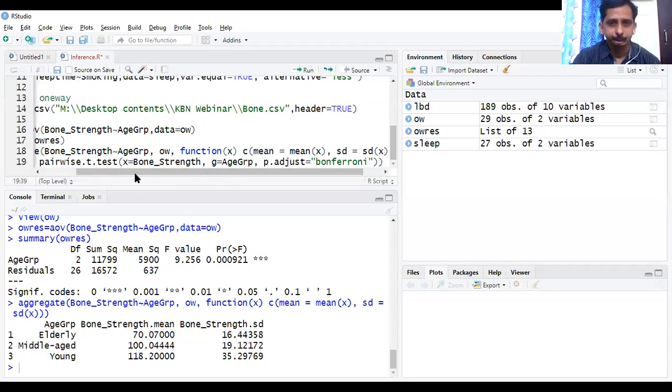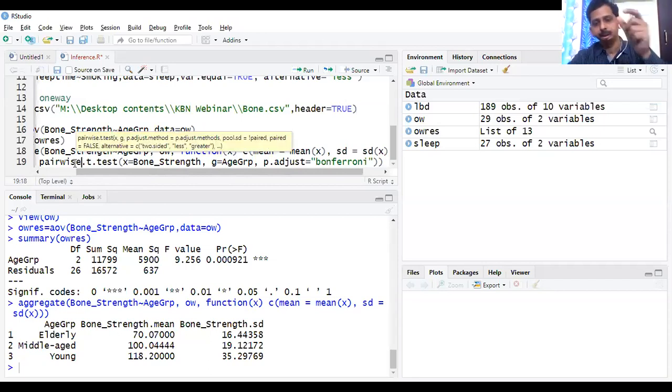Pairwise is nothing but young age group versus middle age, young age group versus elderly, middle age group versus elderly.